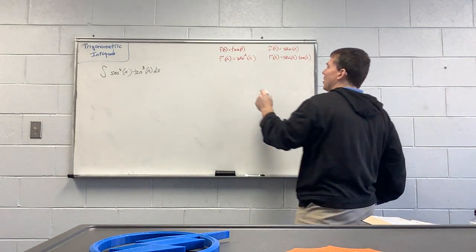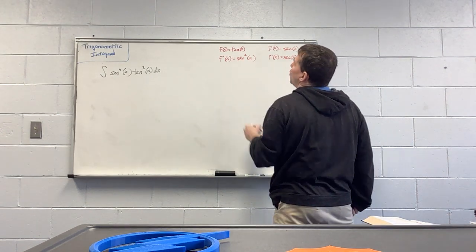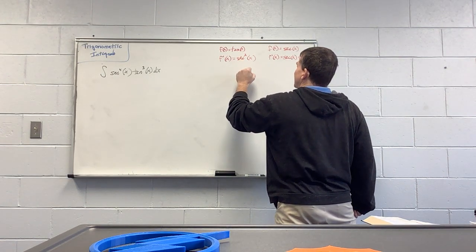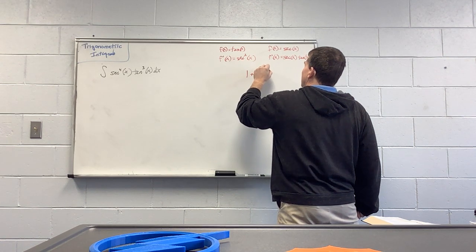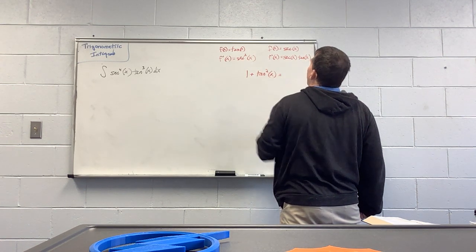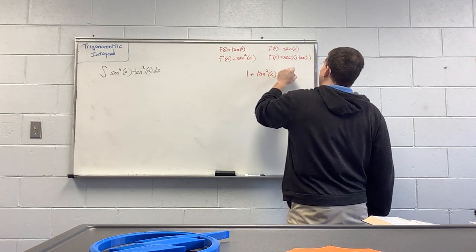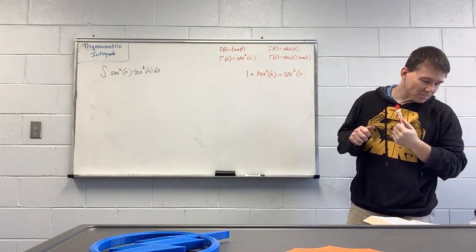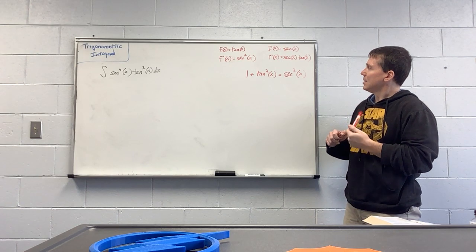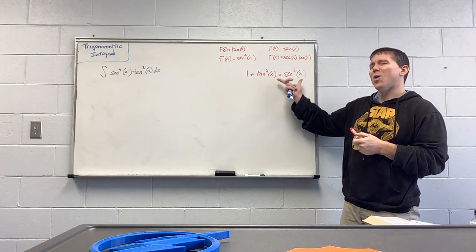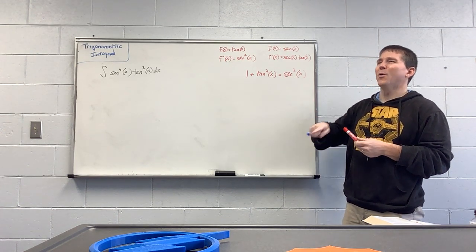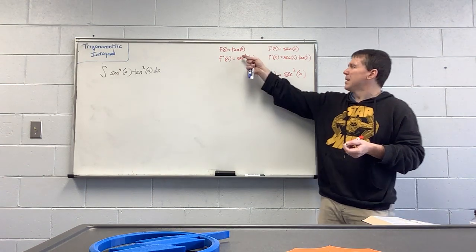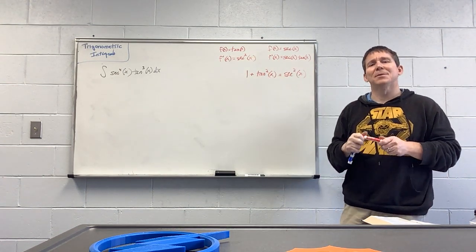And just like we did before, we have the Pythagorean identities. 1 plus tan squared of x equals secant squared of x. So we still have this quadratic relationship, so I know I'm looking for the extra term, but in this case my extra terms are a little bit weird.